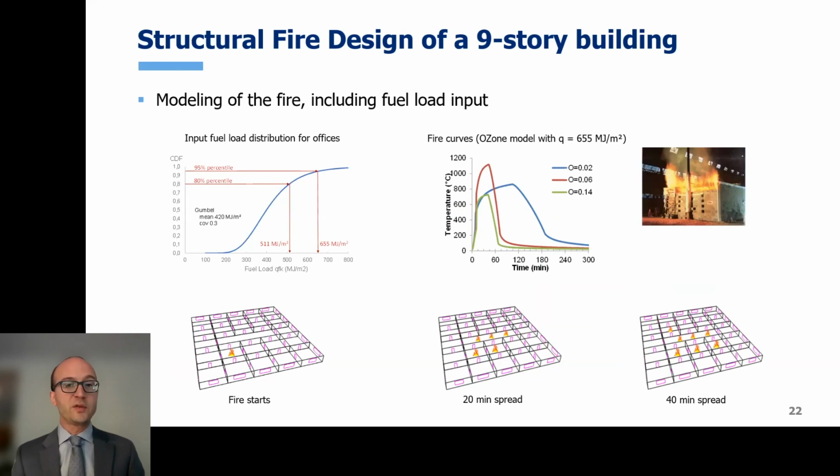For each of those fire scenarios, we also need a fire model that quantifies the thermal exposure. So we look at a high percentile of the fuel load for the office building. We applied a so-called zone fire model. And note also that there are other parameters that will influence the severity of the fire, such as the availability of oxygen.